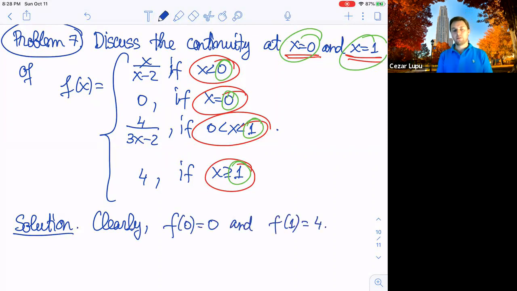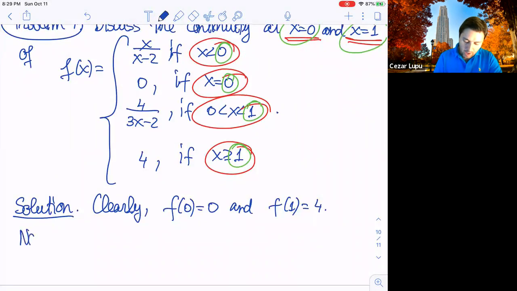As you can see, the last piece is for all values x which are greater than or equal to 1, so it takes the value 4. Now we need to look at the limits and study continuity. The first thing we need to take care of is continuity at the point x equals 0.